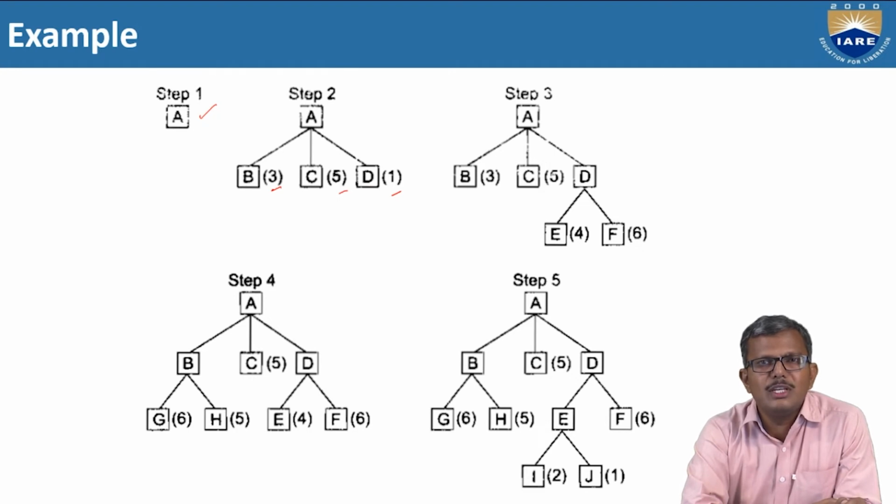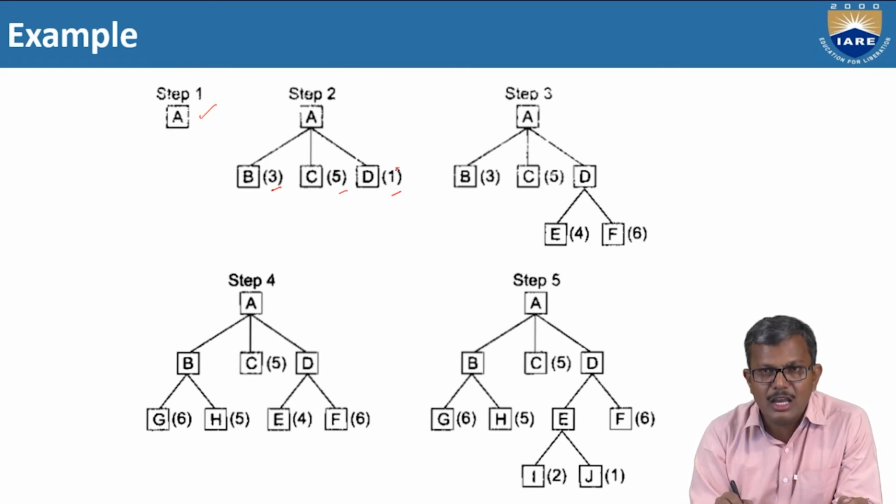From these values, we need to identify which node we have to consider to generate its successor nodes. As it is very clear, D has the least value. So after step 2, we are going to ignore these two paths. We are going to select only D. Why? Because its cost is very low.